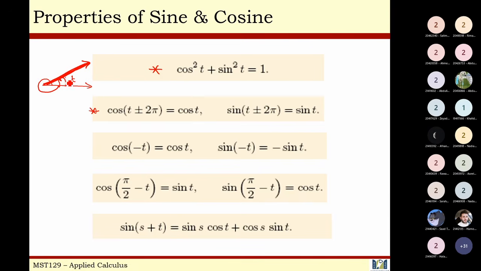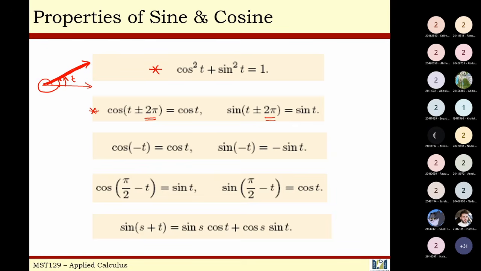So T, or T plus 2 pi, or T minus 2 pi, or T plus 360, this is the same. So adding or subtracting 2 pi for sine and cosine is the same.